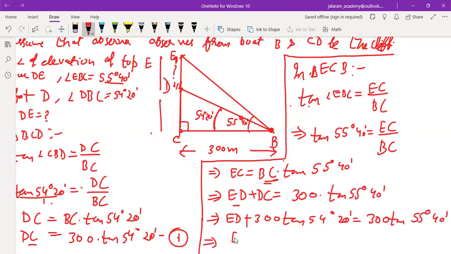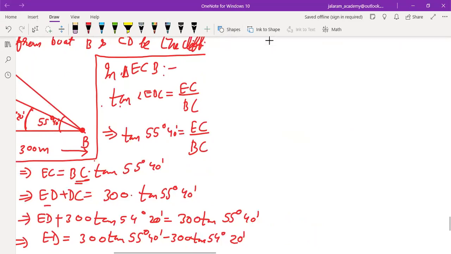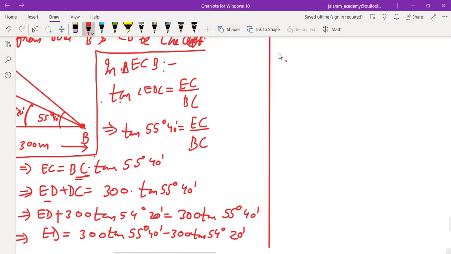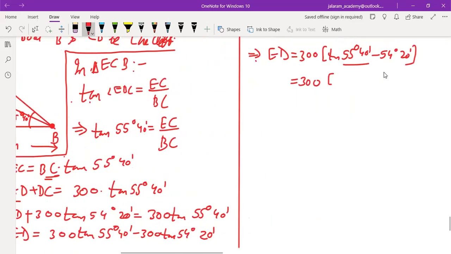It implies ED equals, we transfer all of them to the same side, 300 tan 55 degree 40 minutes minus 300 tan 54 degree 20 minutes. So it implies ED equals, when we take 300 common, tan 55 degree 40 minutes minus tan 54 degree 20 minutes.